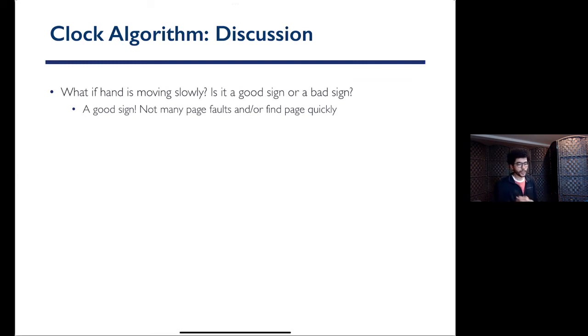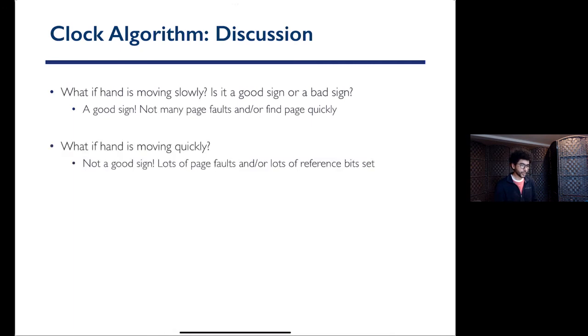If I look at the hand and it's not advancing so fast, it means that my system is behaving well because I don't have many page faults. Now, if this hand is going crazy and moving a lot, this means that I have a lot of page faults. Moving quickly means that it's not good.